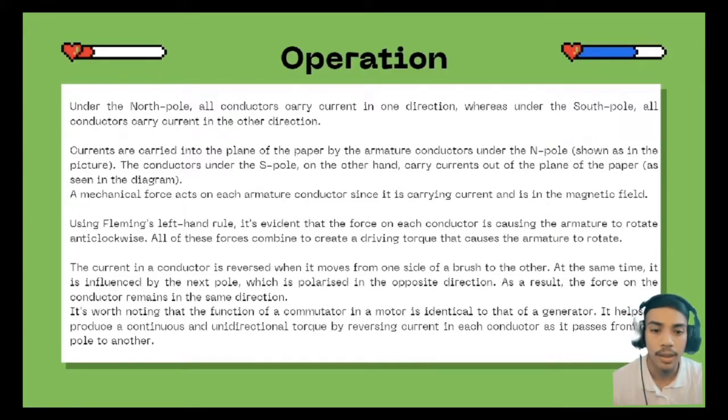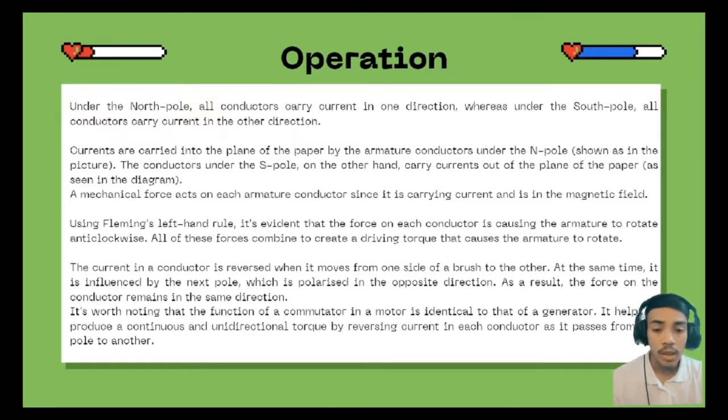Next, the armature conductors under the N pole carry current into the plane of the paper. Conductors beneath the S pole, on the other hand, convey current away from the paper's plane. Because the armature conductor is carrying current and is in the magnetic field, it is subjected to a mechanical force.